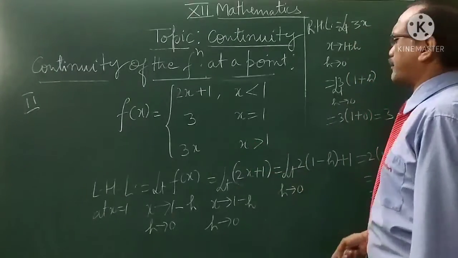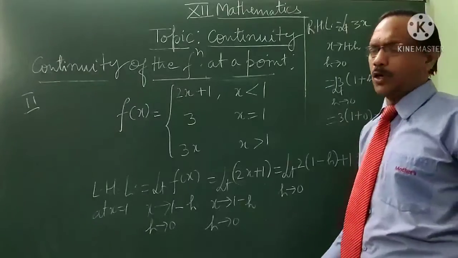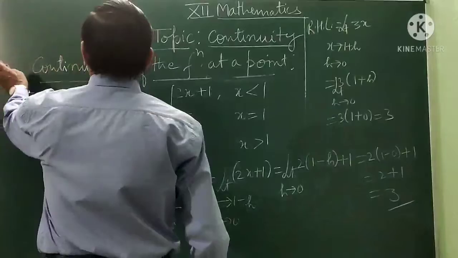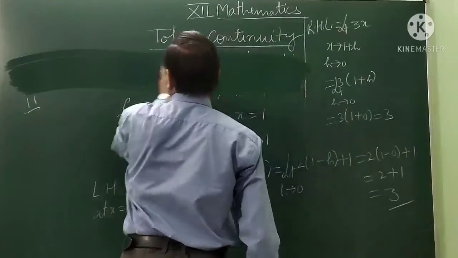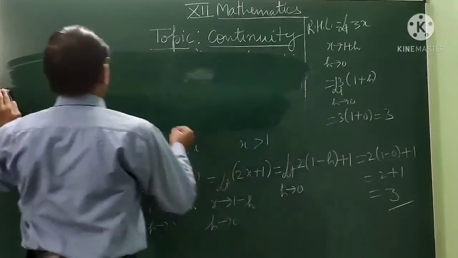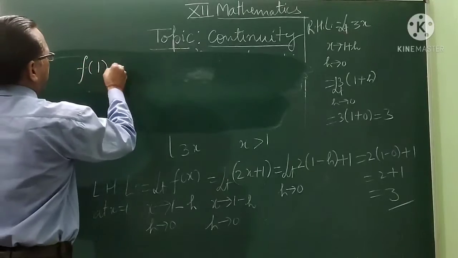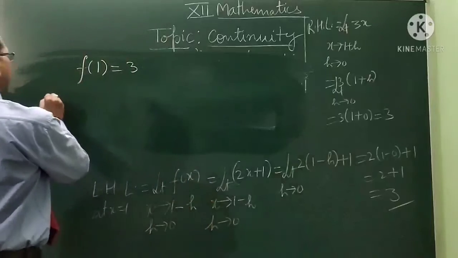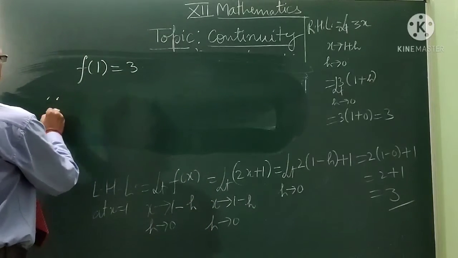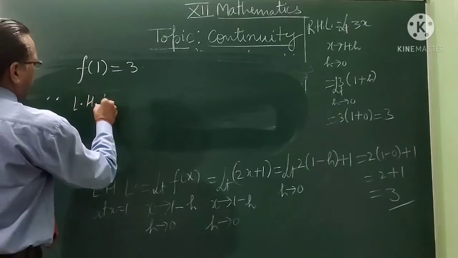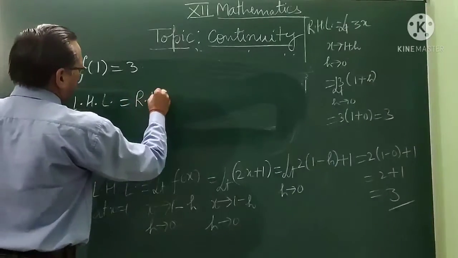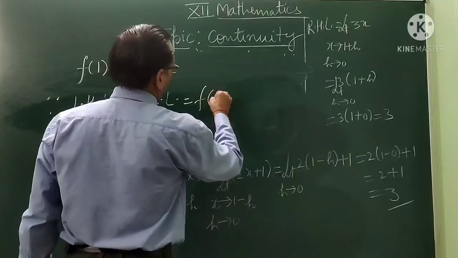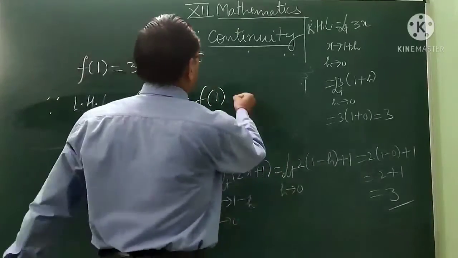Now the value of the function f(1) is given here as 3. Since the left hand limit equals the right hand limit equals the value of the function f(1), they all are 3.